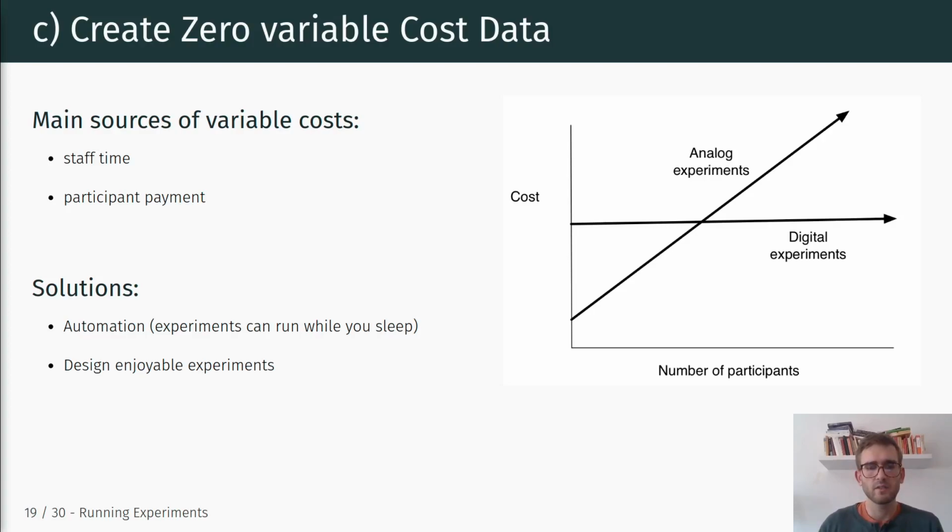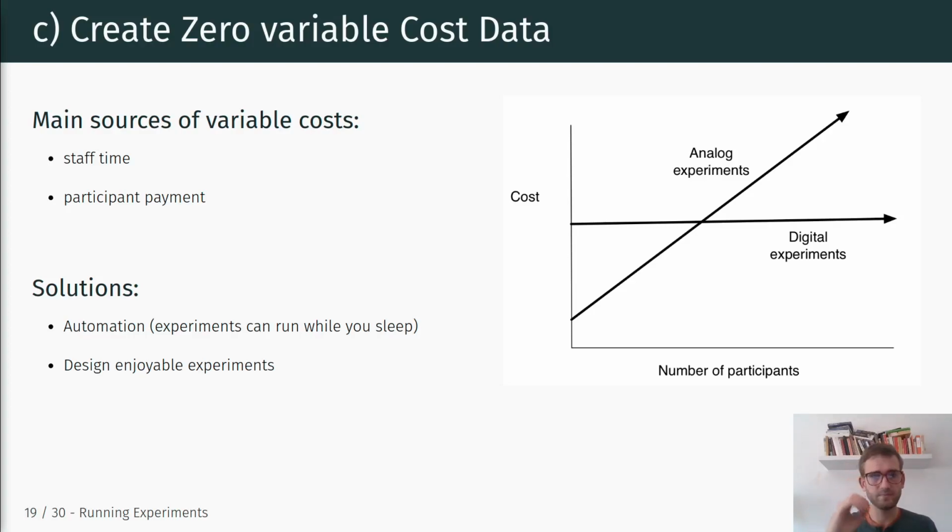And so in this framework, comparing fixed costs and variable costs of an experiment, of course, digital experiments, online experiments, have higher startup costs in the sense that you probably need to spend more resources on getting the infrastructure to work and things like that. Software licenses and all these things. But these costs don't scale up as you increase, for example, the number of observations or respondents in your experiments, right?